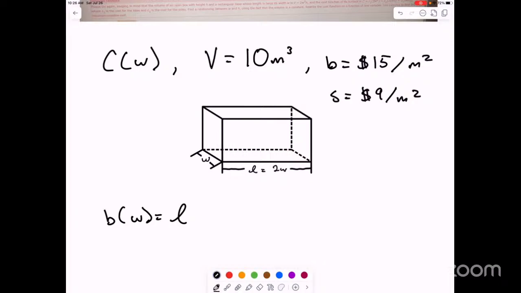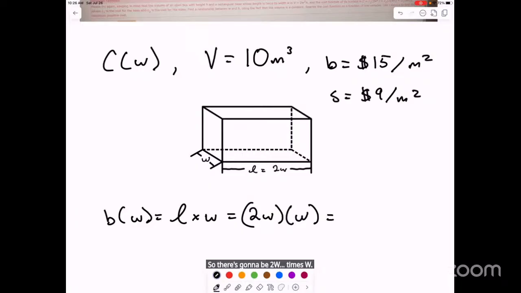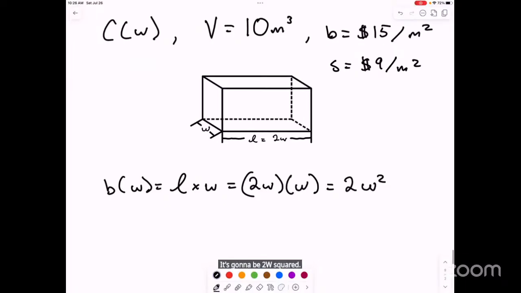So there's going to be 2W times W. It's going to be 2W squared square meters.